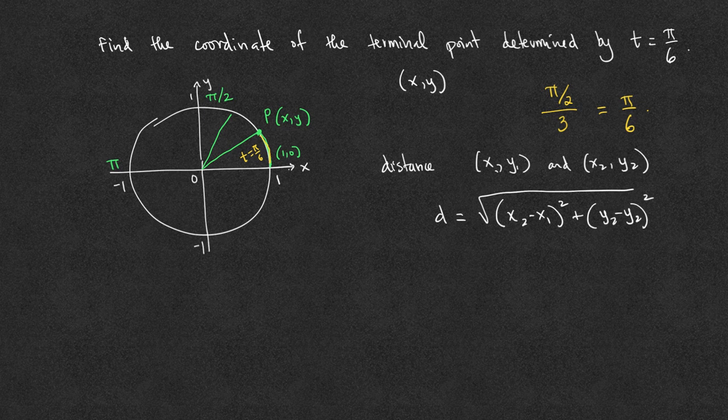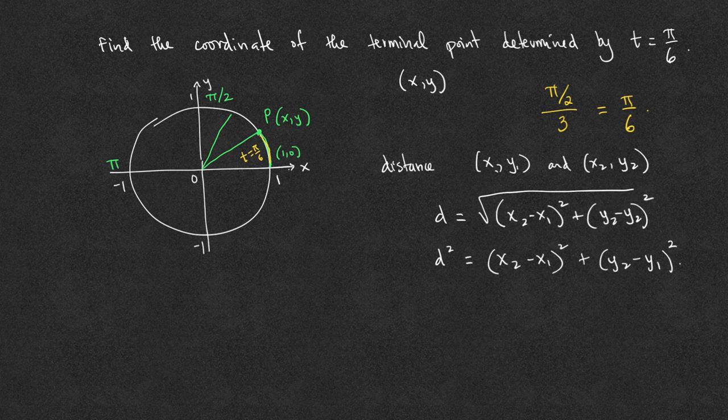Usually in computation, to avoid working with the square root, we would square both sides of this equation, so the square of the distance is x2 minus x1 squared plus y2 minus y1 squared.